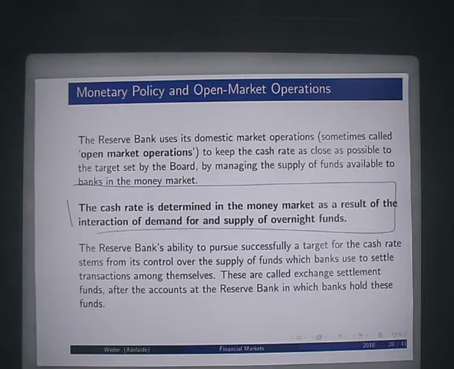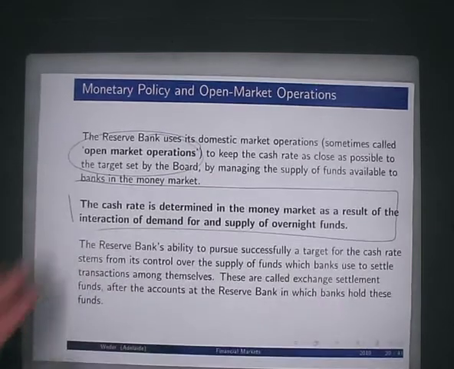So the central bank in Australia does not determine that. It has a target, but this rate could be basically any number on a given day. What the central bank does is influence the funds available for the private banks. If they see that the cash rate is increasing, they will work against this.